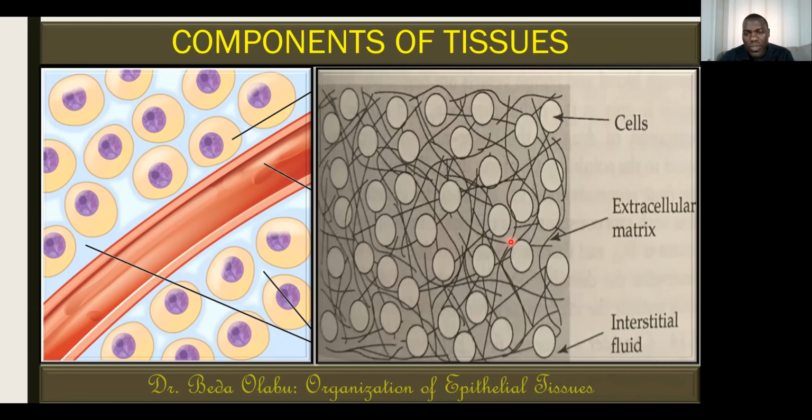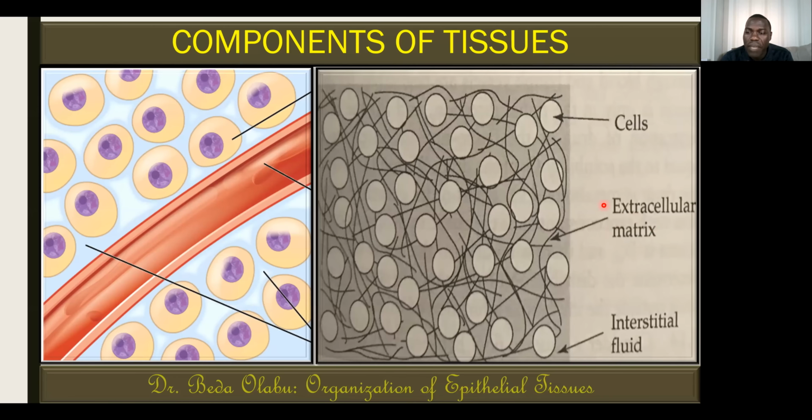When we talk about tissues, we're not just referring to cells only. Tissues are described to consist of usually 2 key things, but we add a third one. The 2 key things are the cells and the matrix. The matrix being the material between the cells.